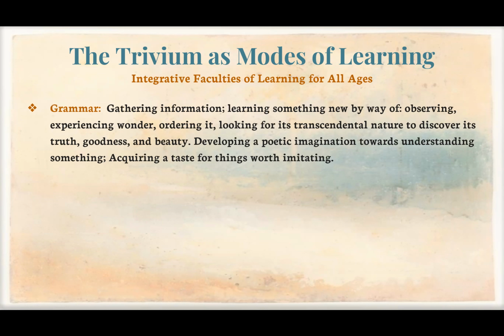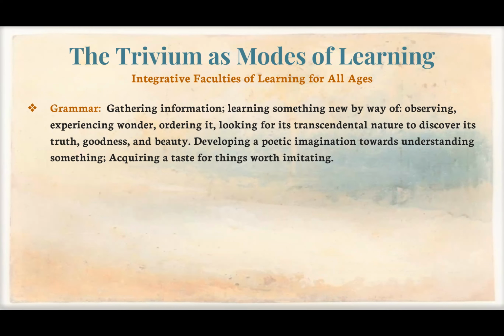So in grammar, they are gathering information, they're learning something new by way of observing, experiencing wonder, ordering it, looking for its transcendental nature to discover its truth, goodness, and beauty, developing a poetic imagination towards understanding something, and acquiring a taste for things that are worth imitating.